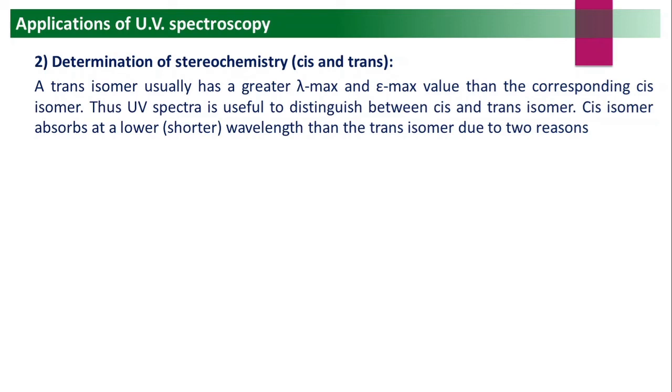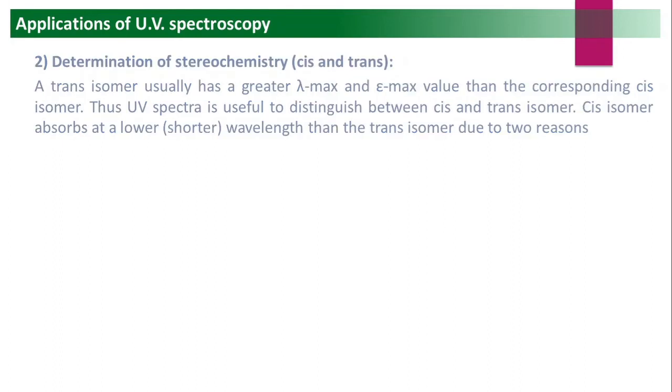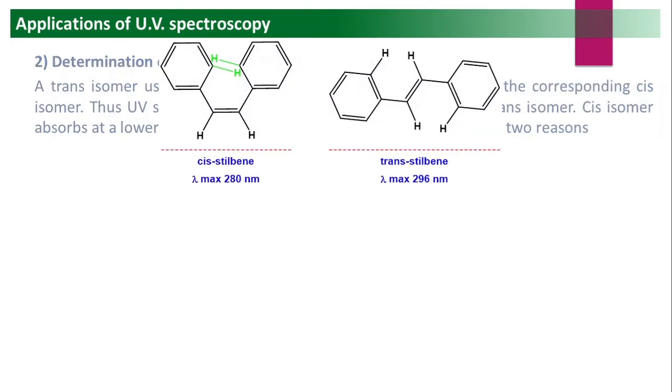The cis isomer absorbs at a lower wavelength than the trans isomer for two reasons. So there are two reasons why the trans isomer absorbs at longer wavelength and the cis isomer absorbs at lower wavelength. First we'll take the example of stilbene. The first one is cis stilbene and the second example is trans stilbene.